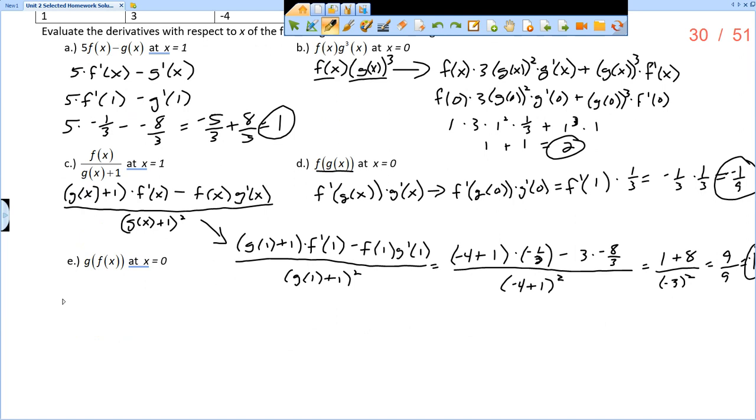So I have g prime of f of x, right, and then times the derivative of the inside, so that would be f prime of x.